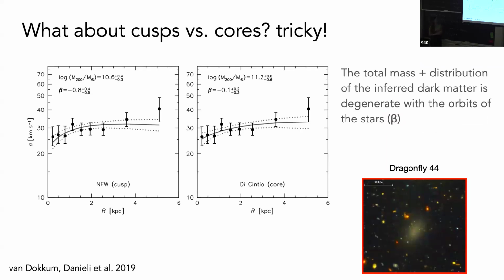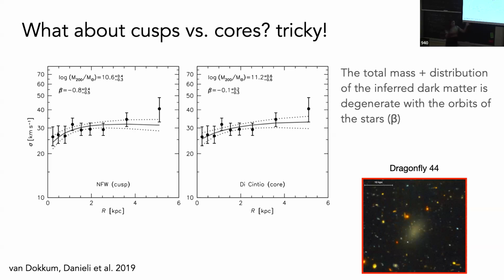Now, this is really hard for the following reasons. So here's the same Dragonfly 44, and we got tons of data with Keck, and we measured the velocity dispersion profile, okay? Velocity dispersion as a function of the distance from the center of the galaxy. These are the points. And then we did this Jeans analysis, and we saw that we can both fit an NFW and fit a core.